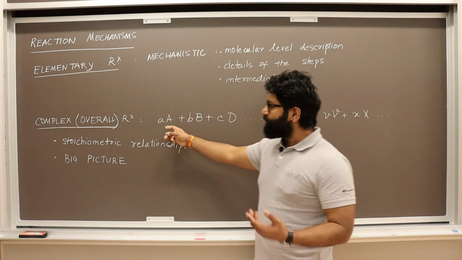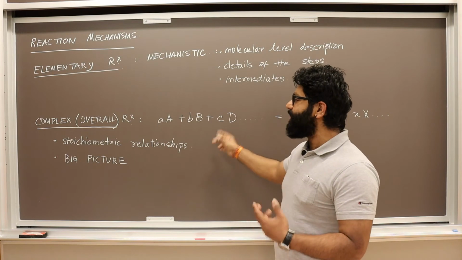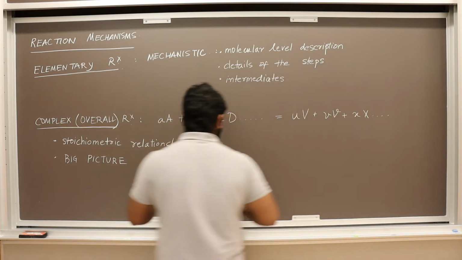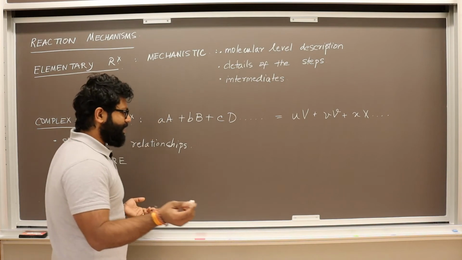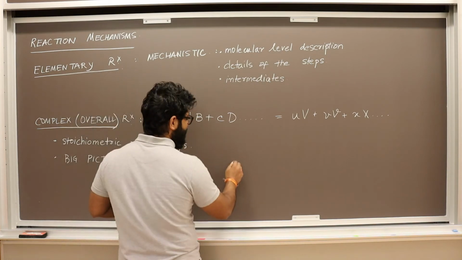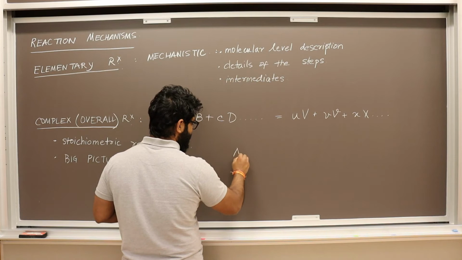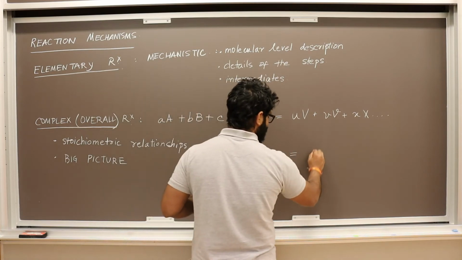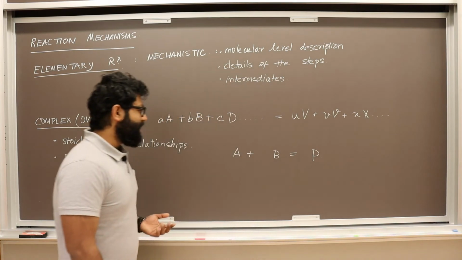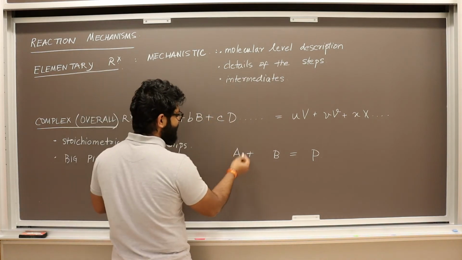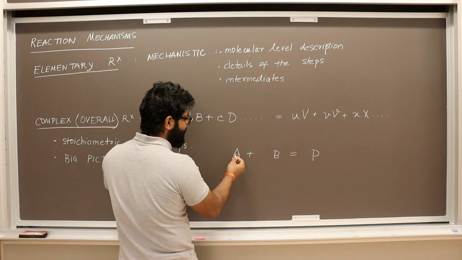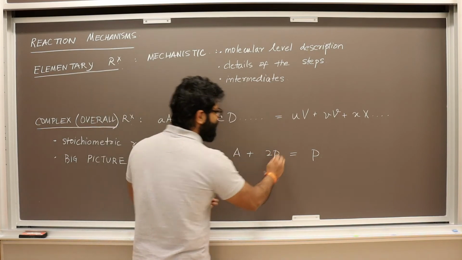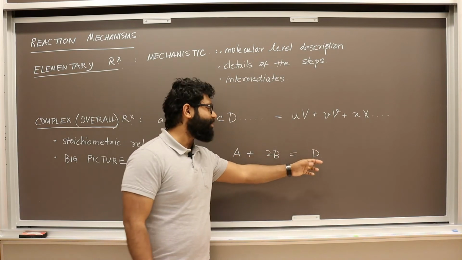Also, the stoichiometric coefficients in here don't mean much, right? So if you have a complicated reaction in which you have, say, A and B giving you some kind of products, what this means is if you start with 1 mole of A and 2 moles of B, you will get some amount of products, right?